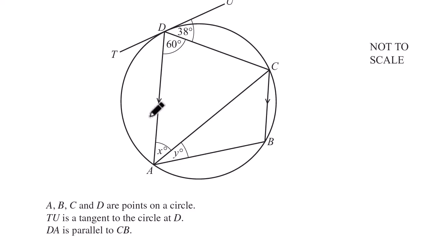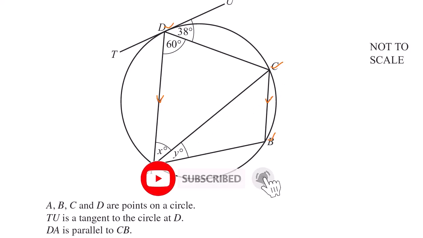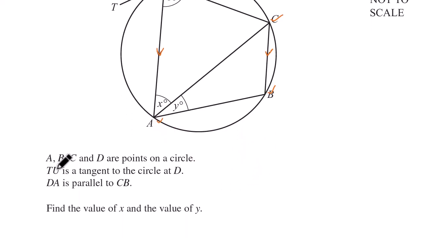As you can see, A, B, C, D. These are the points. TU is a tangent, which is this line here. It's not parallel to any of the lines here. So that's a tangent. And then DA is parallel to CB, as you can see by this parallel line sign given. So if those are parallel, we are asked to then find the values of x and y.